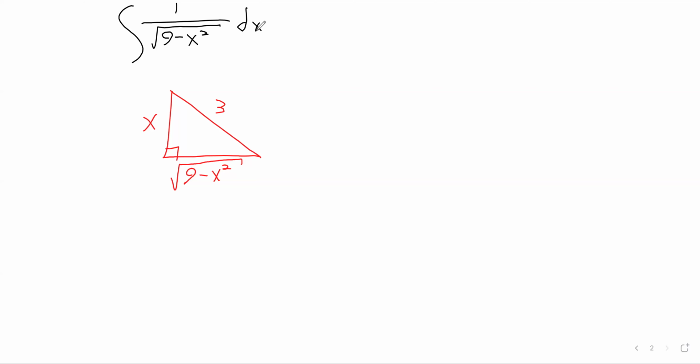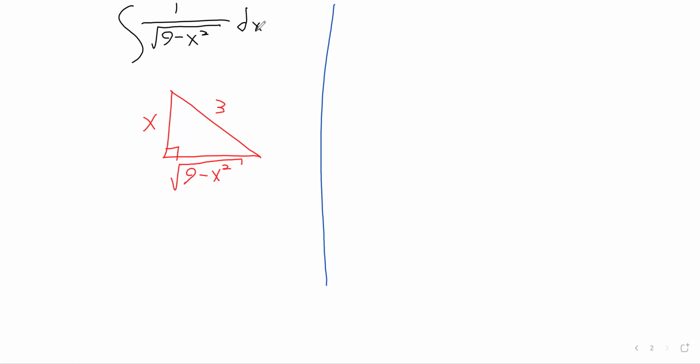So x is one of the sides, one of the legs. That messy looking square root is the other. 3 is the hypotenuse. And now we've got a right triangle.